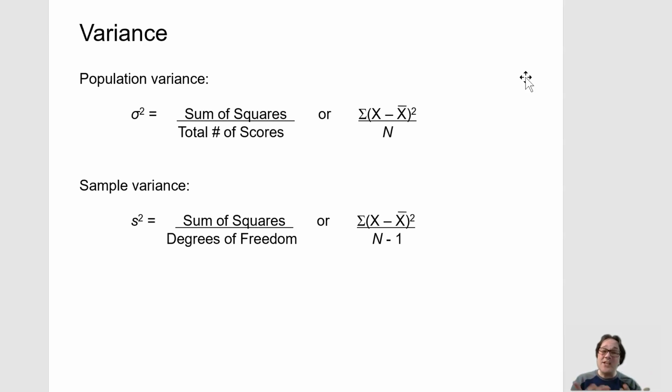So that's essentially what we're doing when we divide by n minus 1. We make the variance score a little bit bigger to help cover ourselves, essentially, because it's likely that the sample variance that we get is not going to be 100% accurate in terms of representing the population variance. So we're just going to throw in a couple extra bucks.